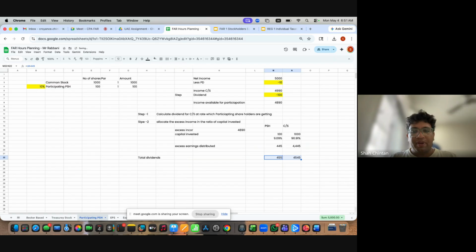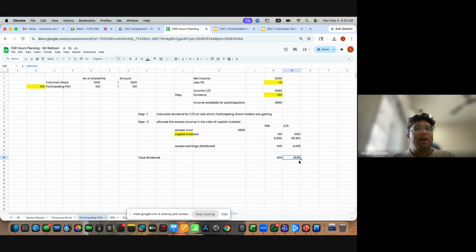So in total, the company has distributed $5,000 of net income in such a way where first of all both the parties get a 10% dividend on the basic structure, and then whatever income is left, that income is distributed between preference shareholders and common shareholders in the ratio of their capital investments. So 445 due to capital investment, $10 due to a basic distribution, total $455. यहाँ पर $100 basic distribution, 4,445 because of the excess earnings of the company, total distribution 4,545.